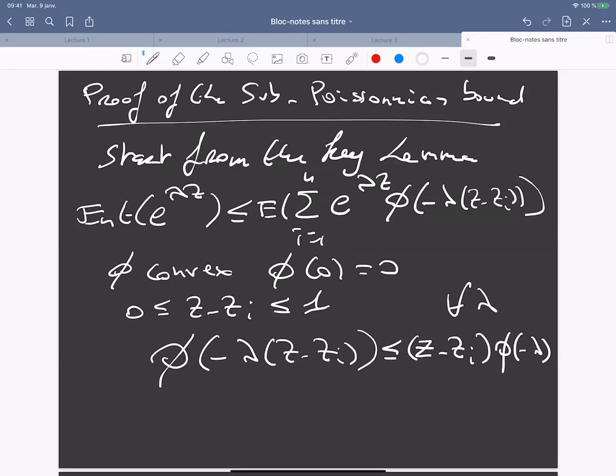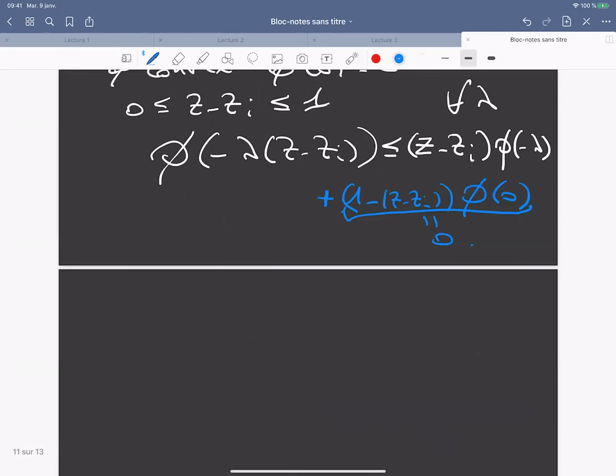Here, just make as if you had an extra term, which is 1 minus (Z minus Zi) times phi at point 0 here. But of course, this is equal to 0, because phi of 0 is 0. Okay? But this is convexity of phi, nothing else. So we use the convexity of phi just to say that this is less than that. And we use now this upper bound on phi.